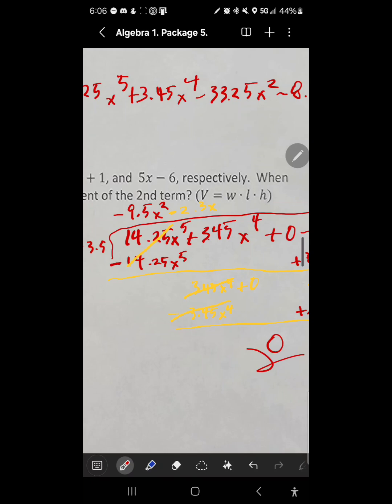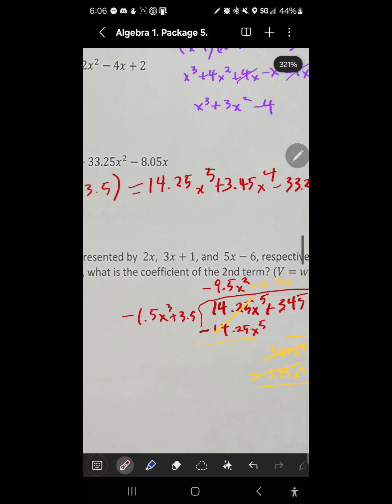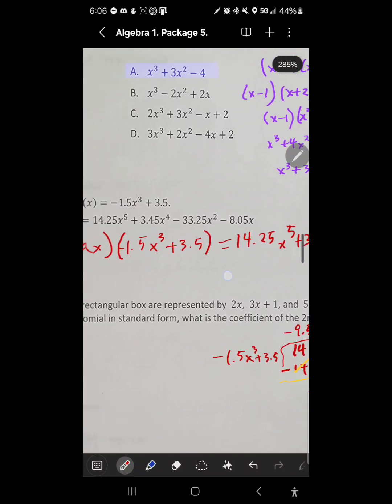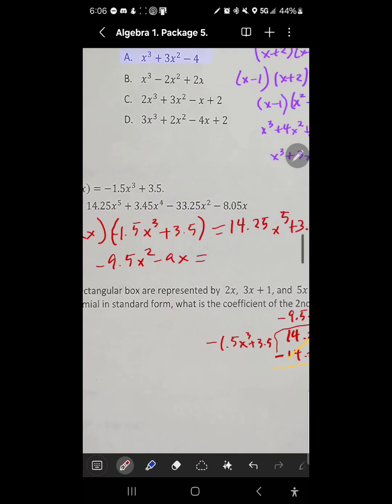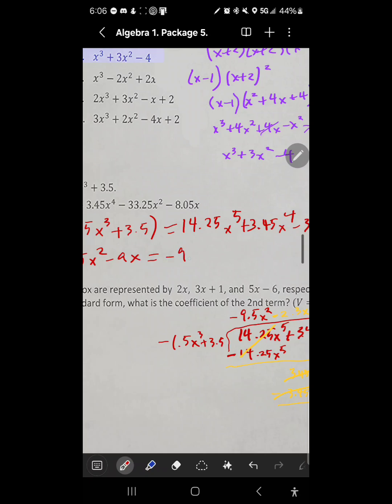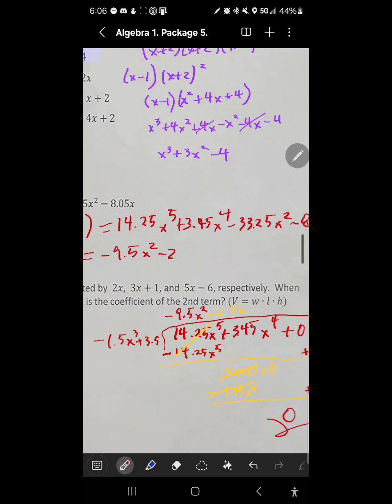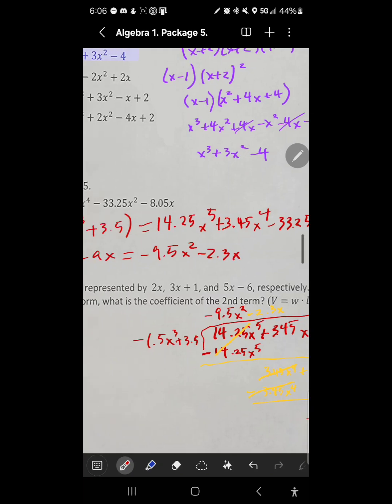I'm going to do another exercise in the future so you can understand better. But basically the answer that we got was that we keep this part, so minus 9.5x squared minus 8x equals minus 9.5x squared minus 2.3x.